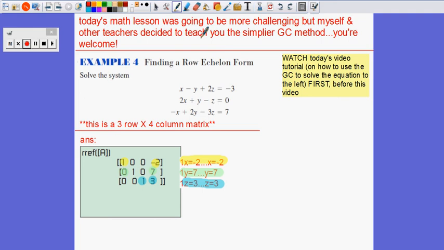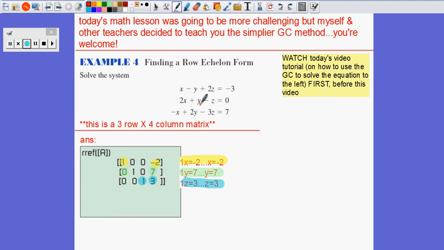First of all, before you continue watching this video, watch today's video tutorial on how to use a graphing calculator to solve this. Because if you don't watch the tutorial, you will not know how to do this slide and anything afterwards. It's a very straightforward tutorial.